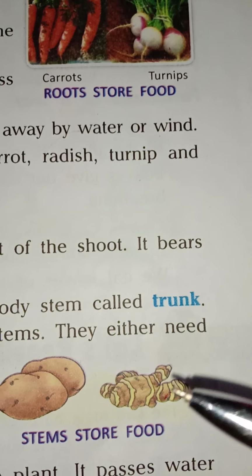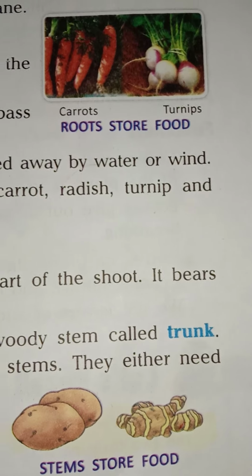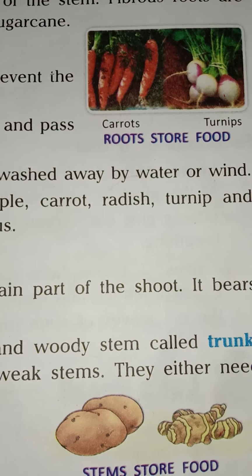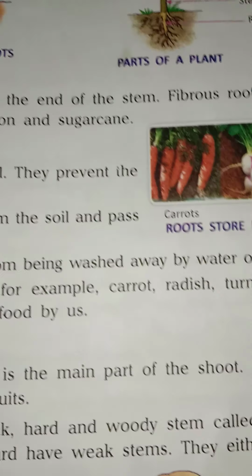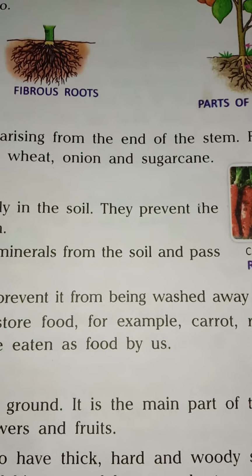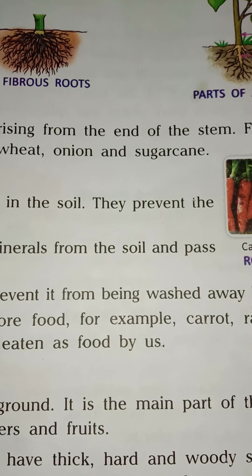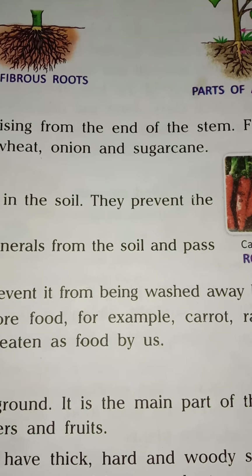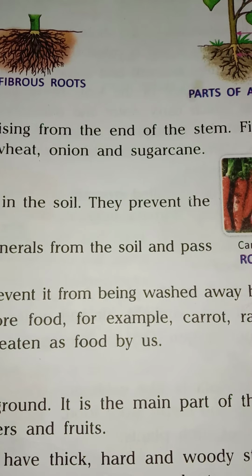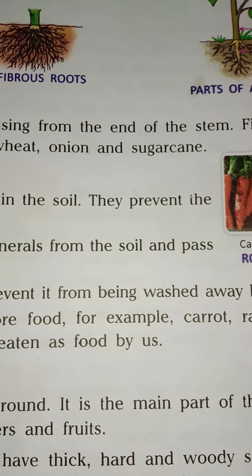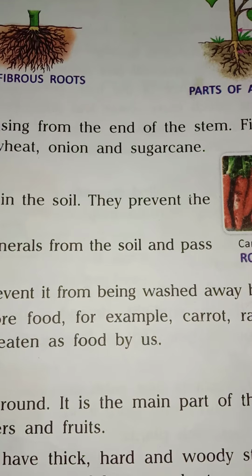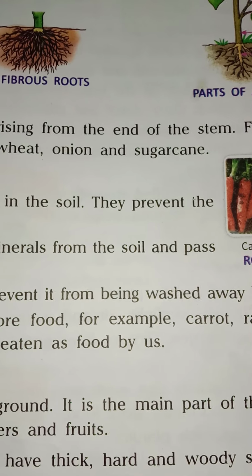Examples of creeper are watermelon and pumpkin. Now, student, second is climber. A climber climbs up by taking support of any other plant or object. Examples of climber are money plant, cucumber and beans.